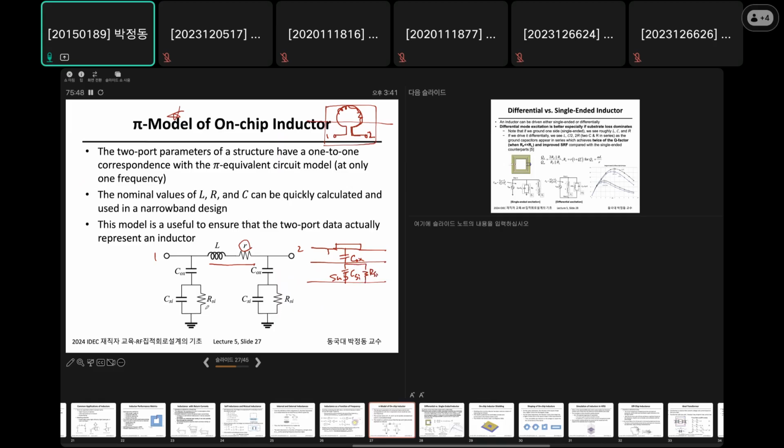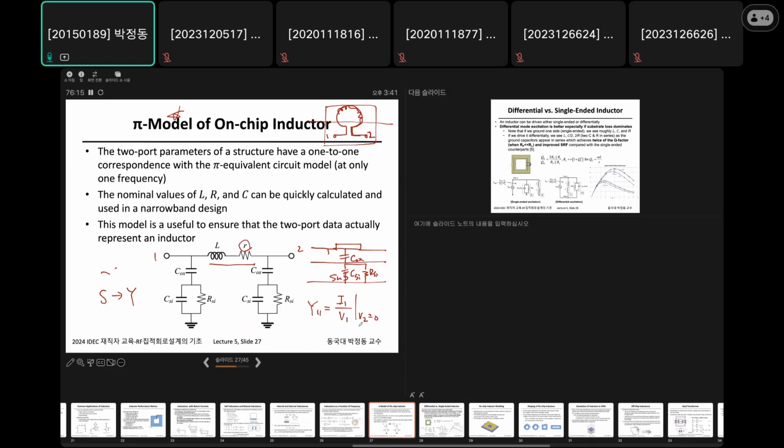In this regard, you just take the S parameters and convert them to Y parameters, and you can easily get each part. For example, Y11 is I1 over V1 with V2 equal to 0.